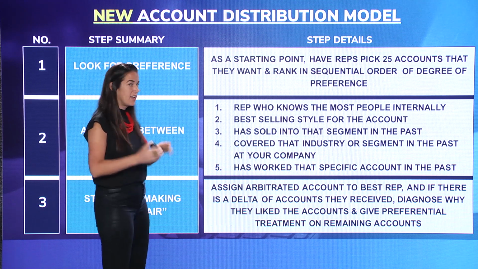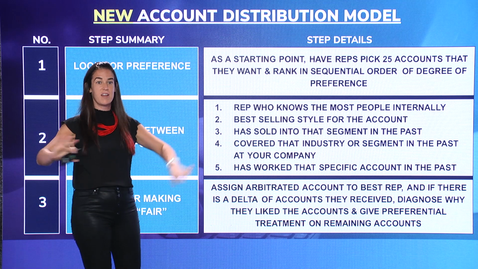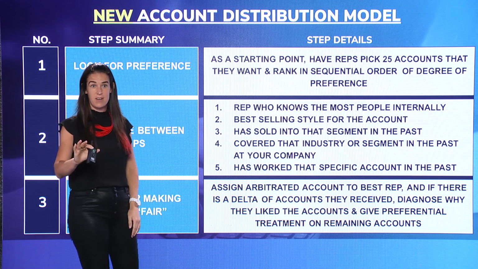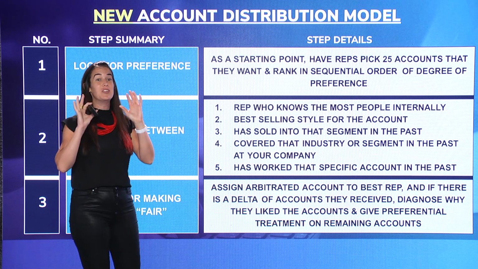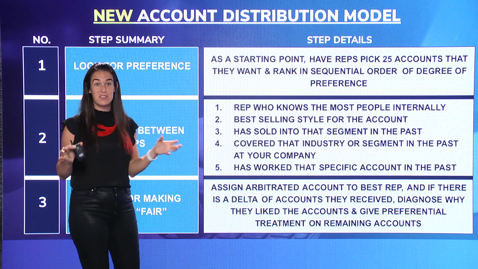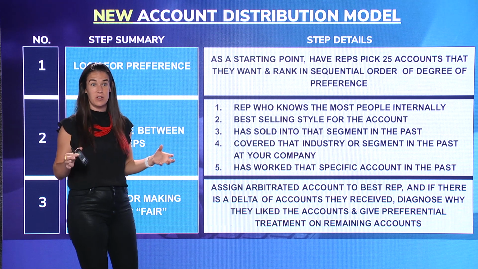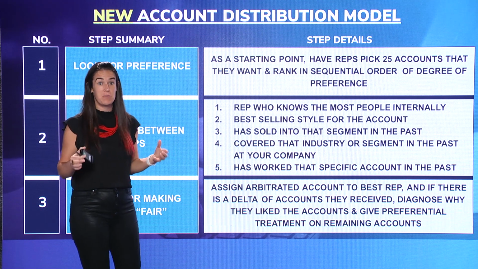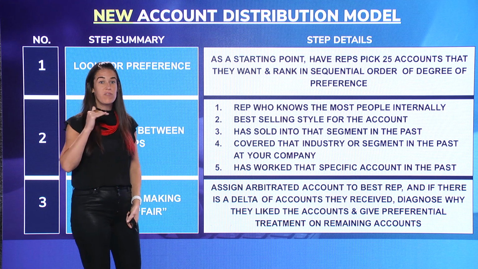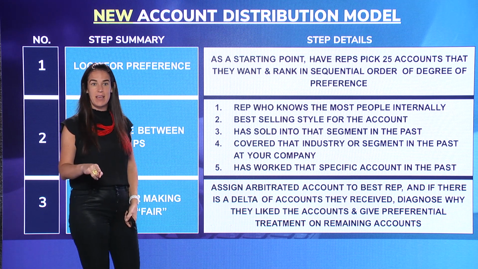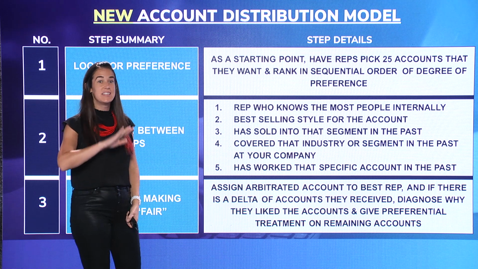Full disclosure, I want to go on record, I am not saying that you do not need to shoot for being fair. All I am saying is that you need to also consider what is best for the prospect and what is most likely for the account to close, in addition to also being fair. So I want to add more variables into the game other than how this works out internally.